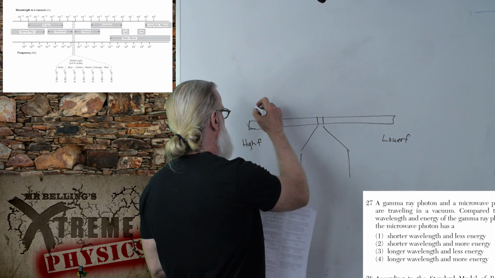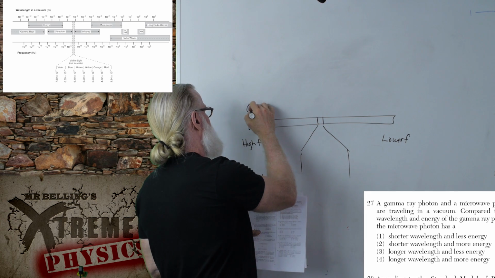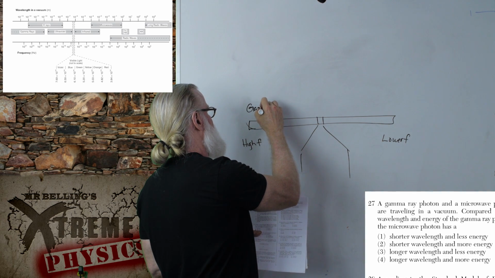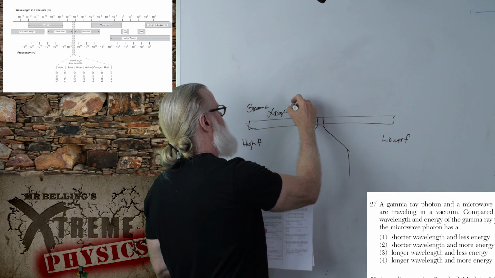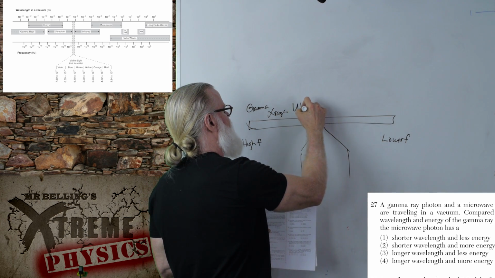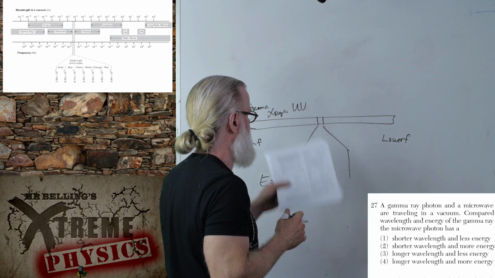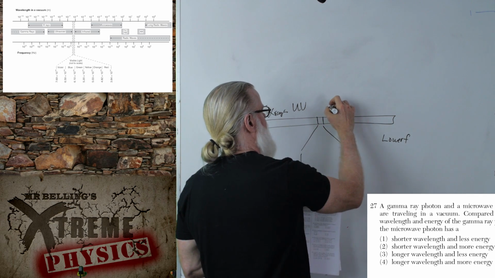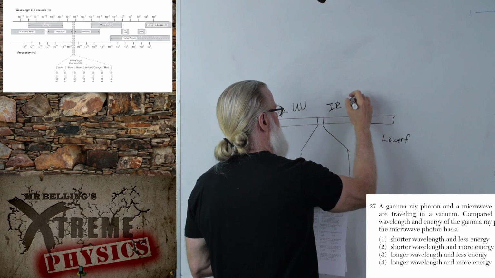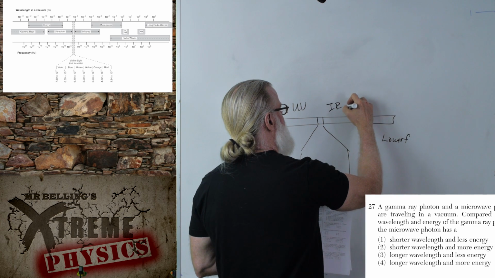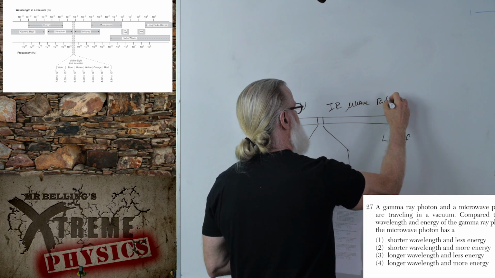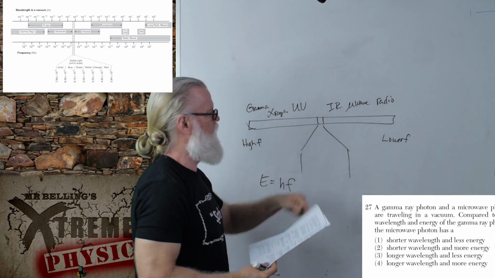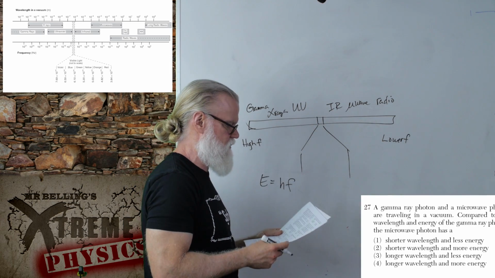And then if we look over here, we had all this nasty stuff, right? We had gamma, and X-rays, and ultraviolet, all this stuff that messes you up, gives you skin cancer, stuff like that. And then over here we had infrared, and microwave, and radio, right? These are more benign. They have less energy per photon.